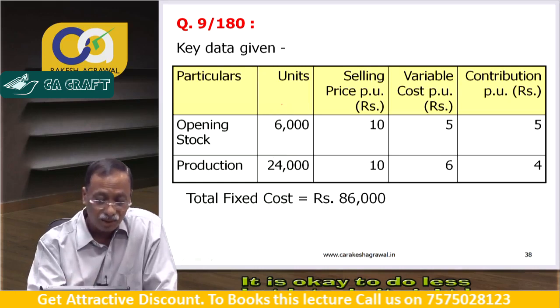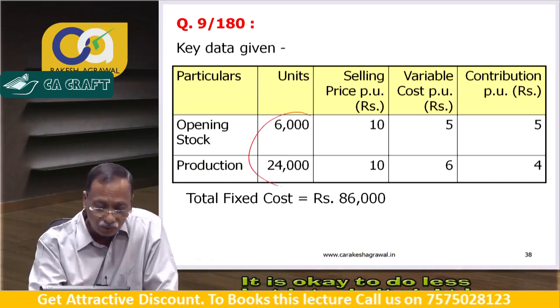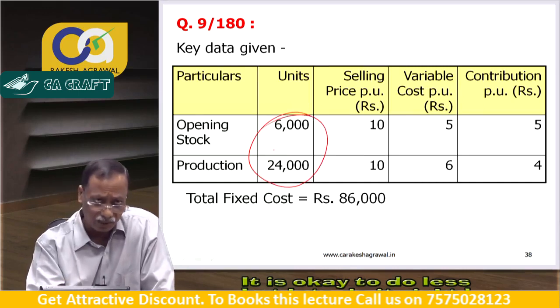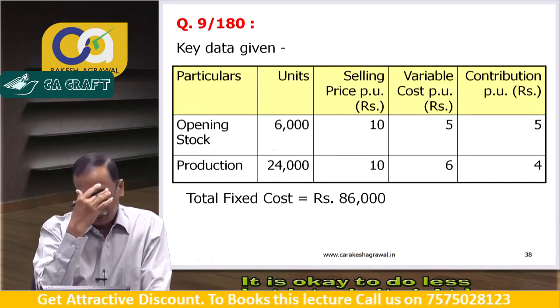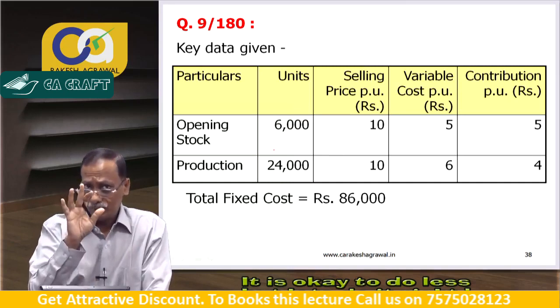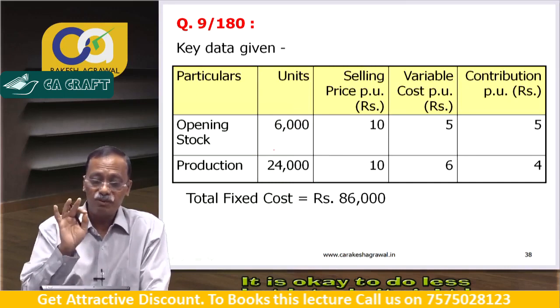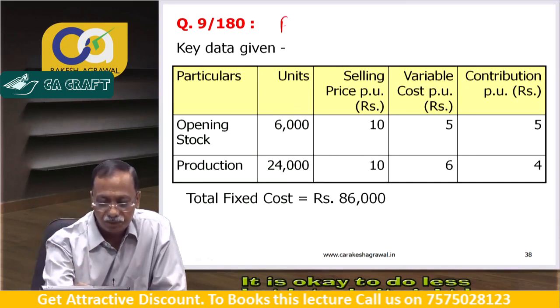And weighted average means you have to do the averaging of these entire 30,000 units and then calculate BEP, correct? Now, pay attention to the discussion, then write. You will get the time to write. I am using FIFO method, first in, first out.